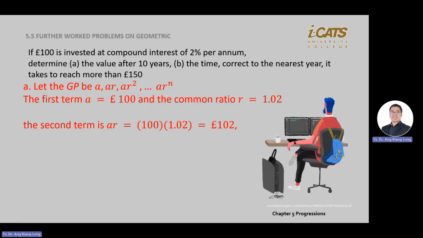If you take 10%, you get 10 only. So you add 100. Of course, you can multiply by 0.1 and then add back the A, but it's slower. So this is a faster way where you multiply by 1.1. In this case, you multiply by 1.02.